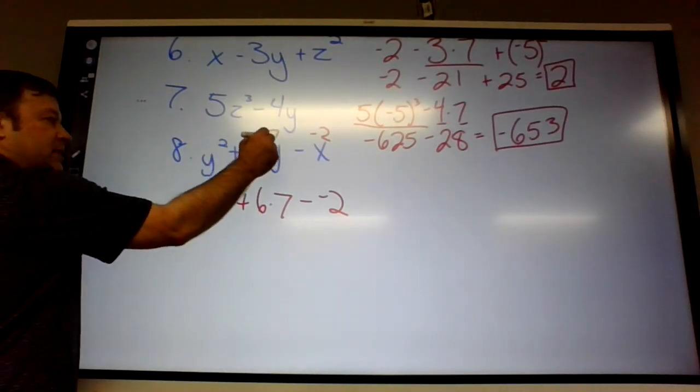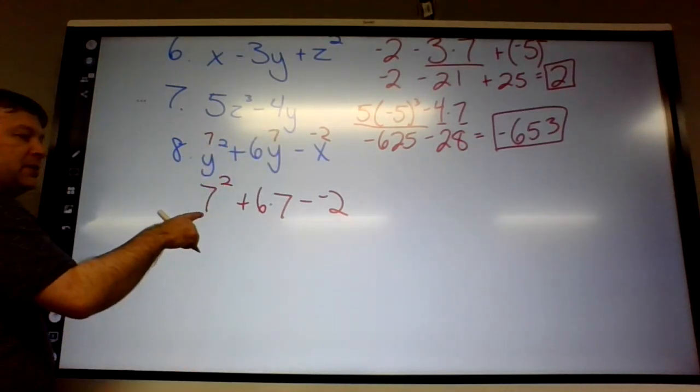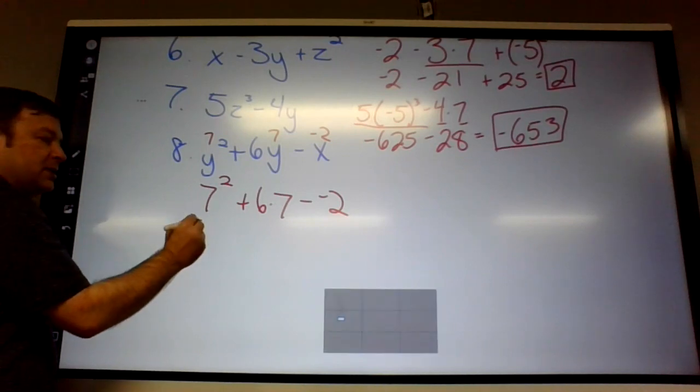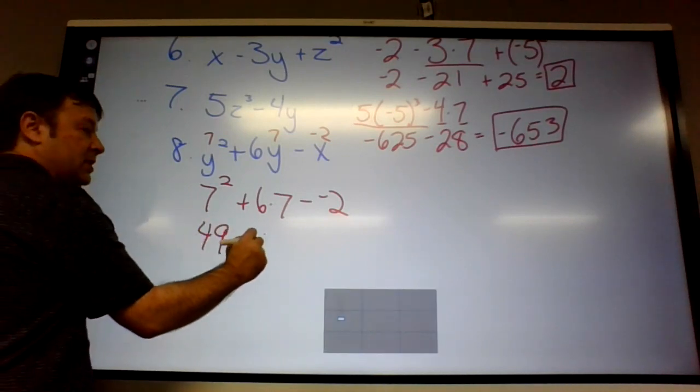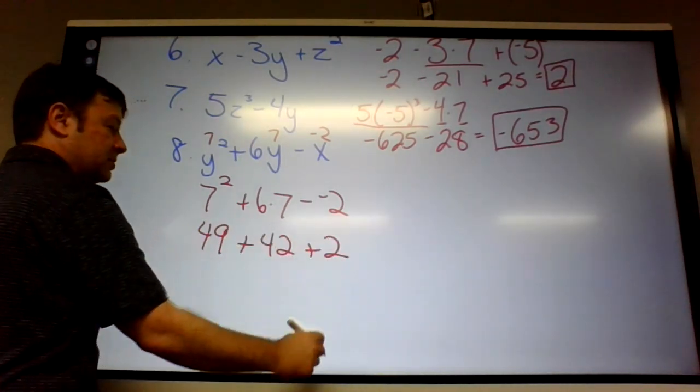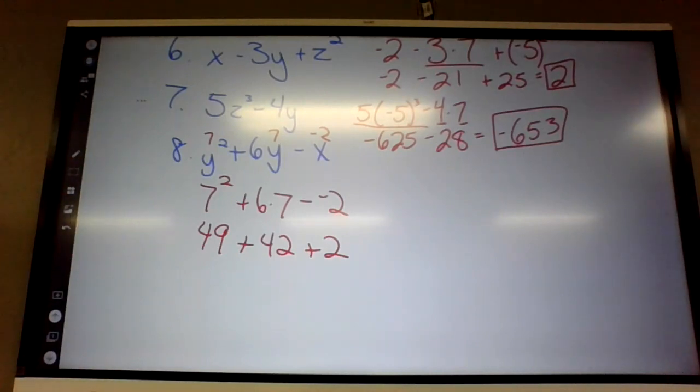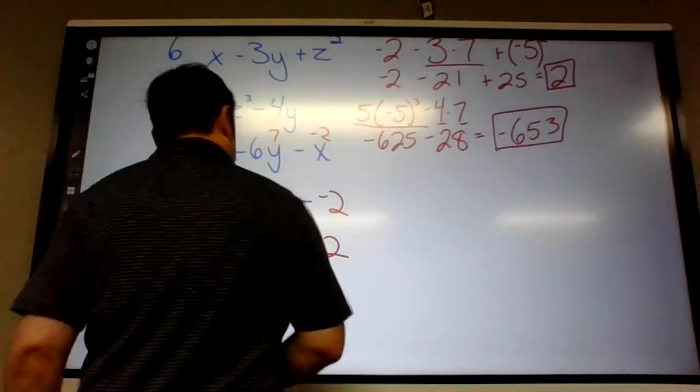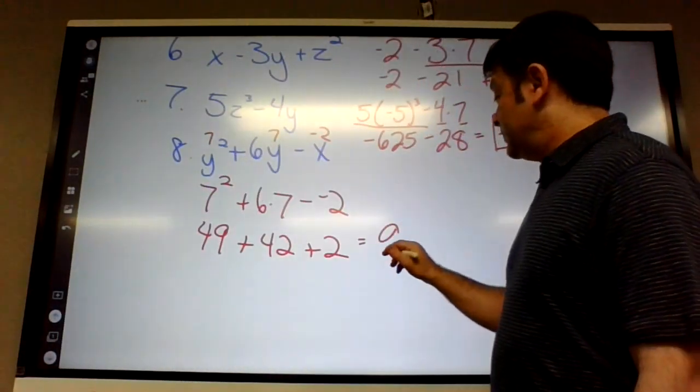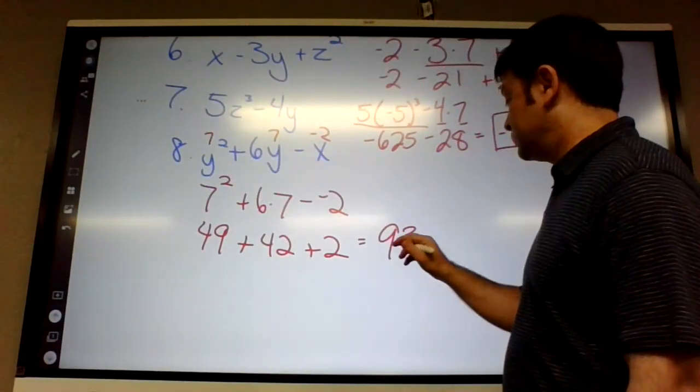Y is 7. So that would be 49 plus 42 plus 2, which I believe is 93.